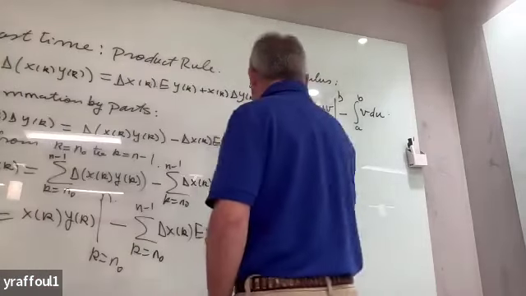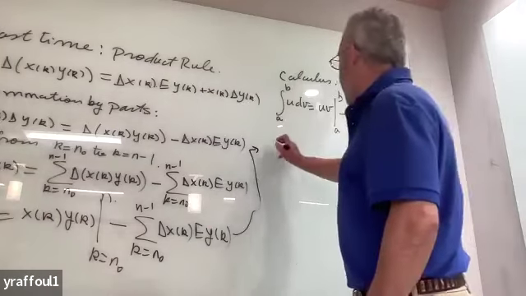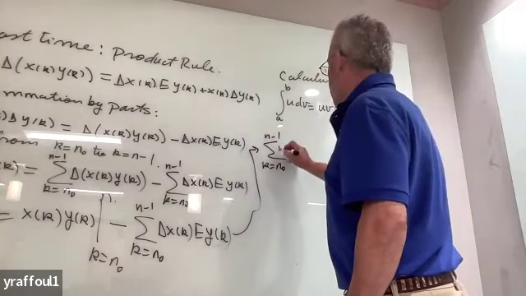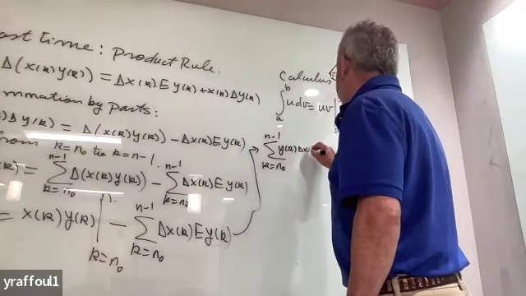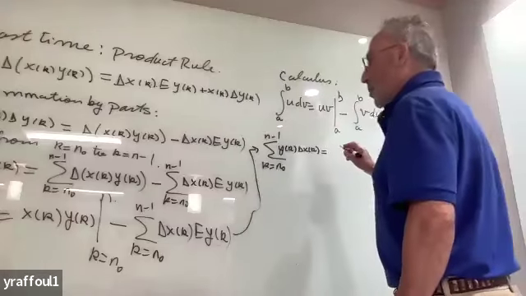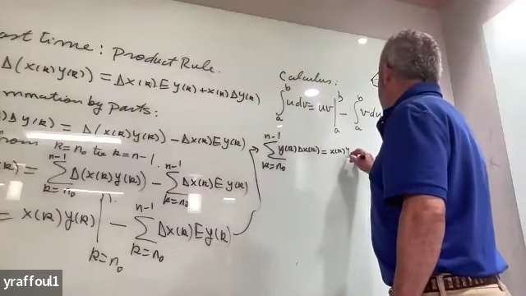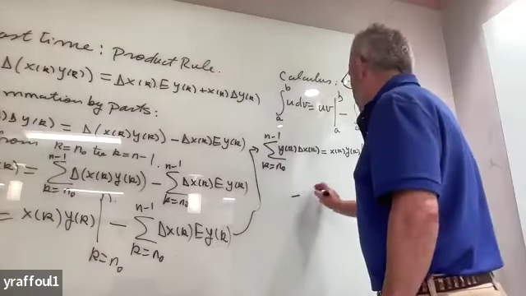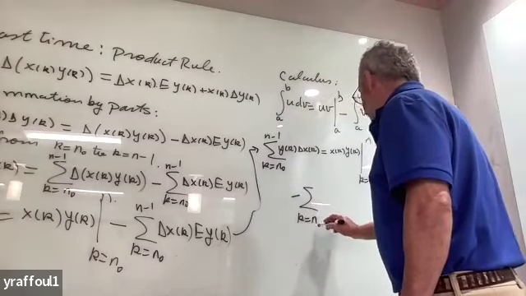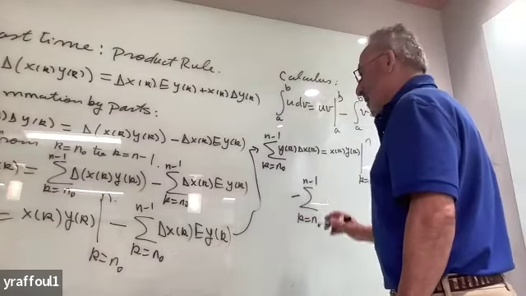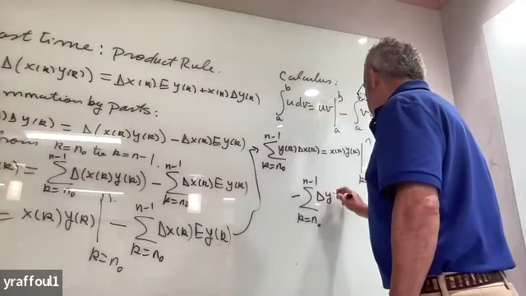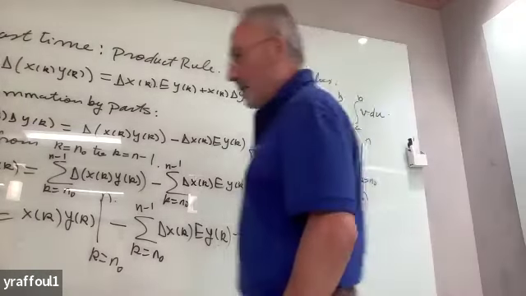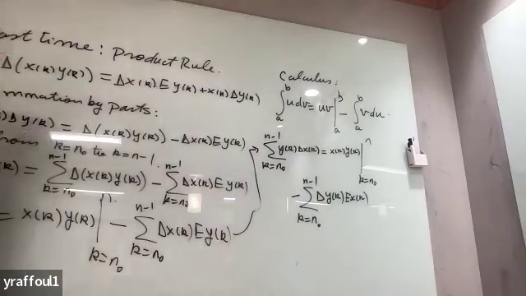Another way of writing this is, I replace: the sum from k equal n0 to n minus 1 of y_k del x_k equals x_k y_k from k equal n0 to n, minus the sum from k equal n0 to n minus 1 of del y_k E x_k. Another formula. Okay, so you've got two formulas.